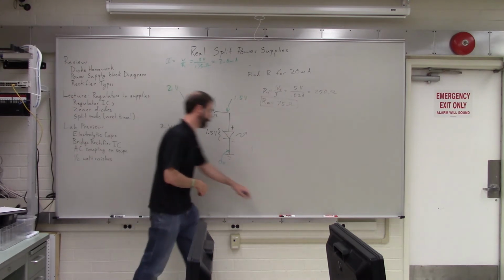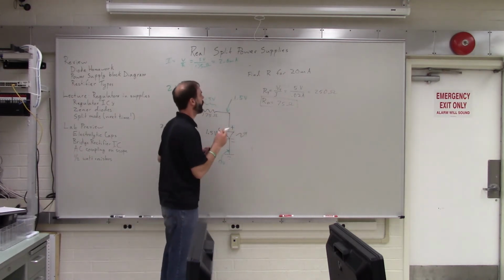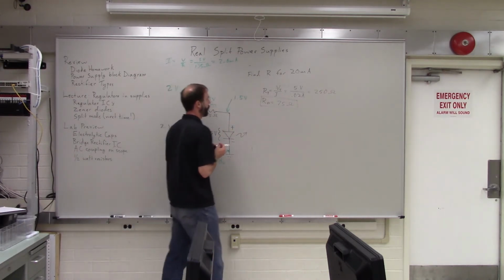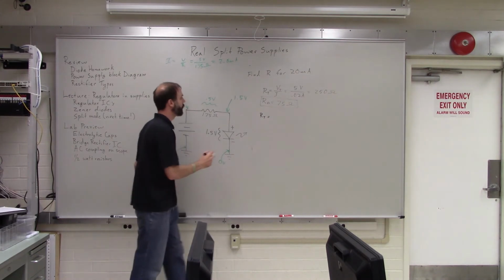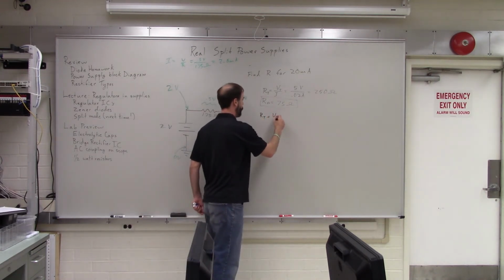So we can say our total resistance is V total over I total.